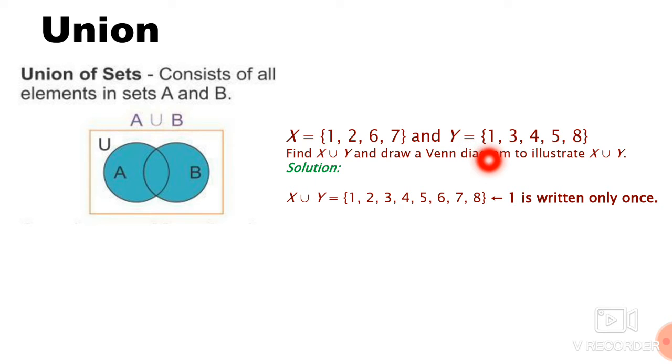Set X has 1 as an element and set Y also has 1 as an element. So instead of writing 1 two times, we will just write 1 once, because according to the basic definition of sets, no elements should be repeated. So 1 is written only once.